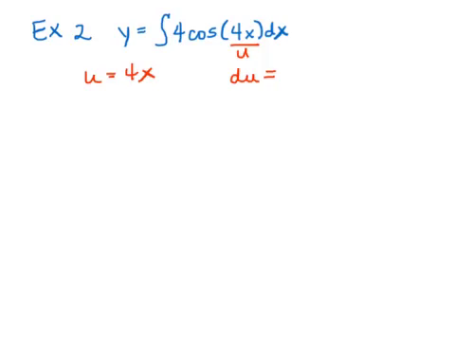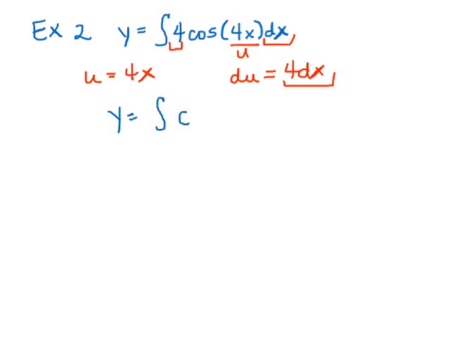So the derivative of 4x is 4, multiplied both sides by dx, and we have 4dx. And you can see we've got 4dx here, a 4, and a dx there. So that is going to be replaced with du. The only thing that's not being replaced is cosine. It's going to stay in the problem.